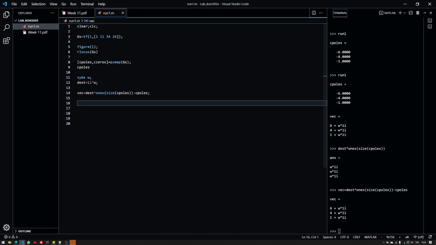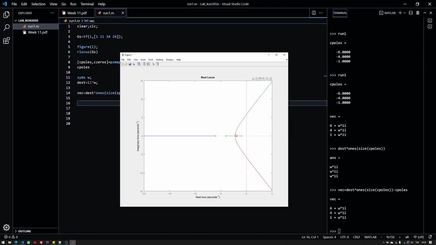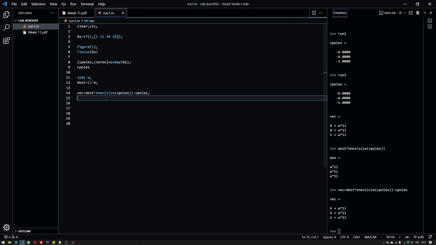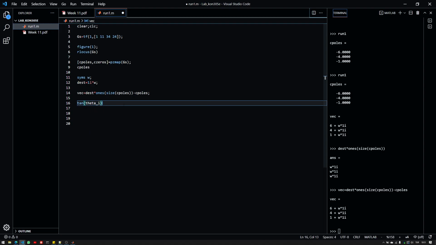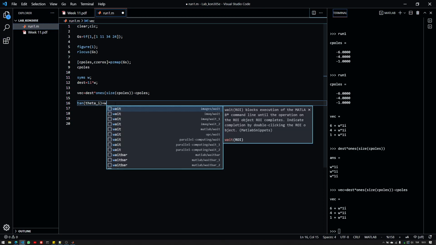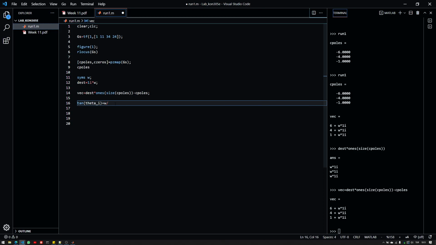Now, since these are complex numbers or vectors, whichever suits you, I need the angle of the individual vectors here. So I can achieve that by using the inverse tangent, because I know that tangent theta i for each vector should be equal to the imaginary part omega divided by the real part.